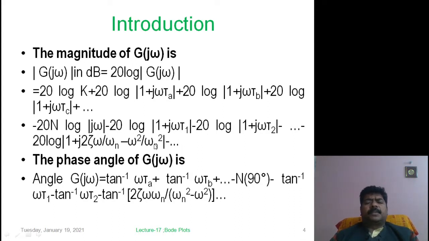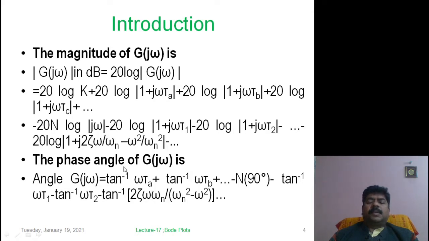Similarly, for the complex poles, it can be written like this. Here you can see that multiplication can be simply written as a sum of these logs, and division as a minus. This is one of the advantages of taking log.